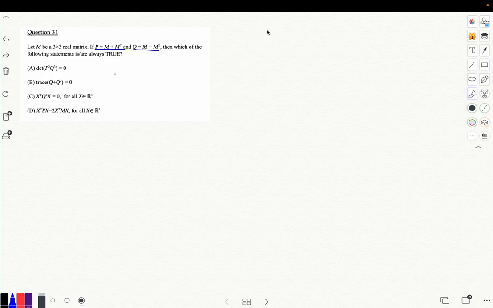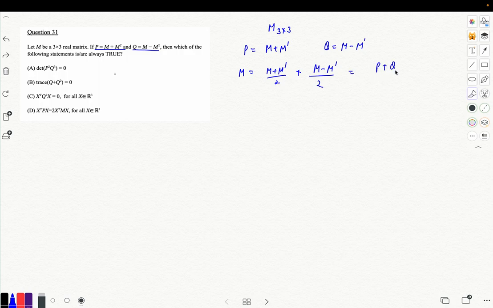Okay, so let's see what the given information is. That is, M is a 3 cross 3 real matrix where P is equal to M plus M transpose and Q is equal to M minus M transpose. Now if you remember, we have studied that any matrix can be written as a sum of a symmetric and a skew symmetric matrix. Like, let's say this is the matrix M. This can be written as M plus M transpose by 2 plus M minus M transpose by 2, which is actually P plus Q by 2.